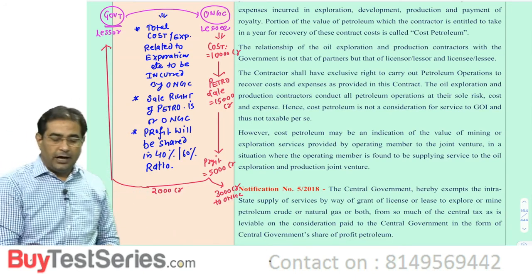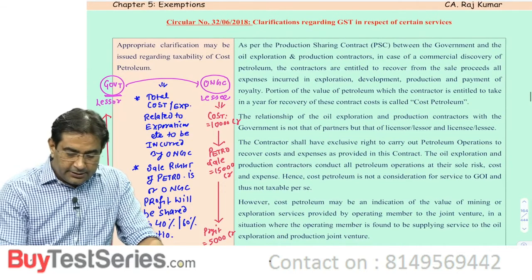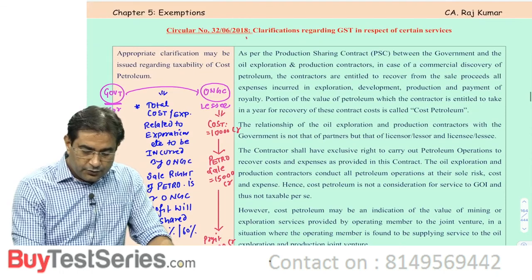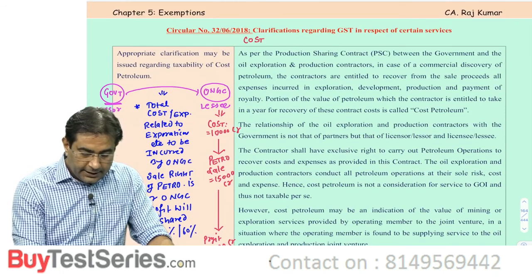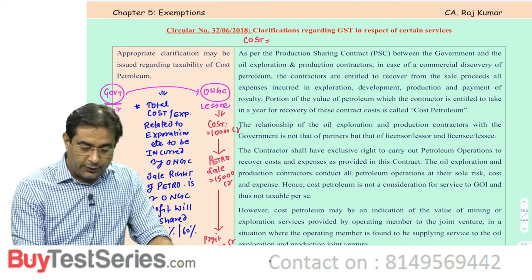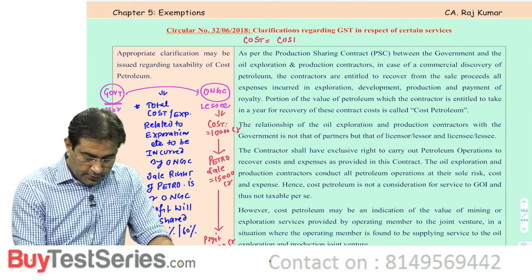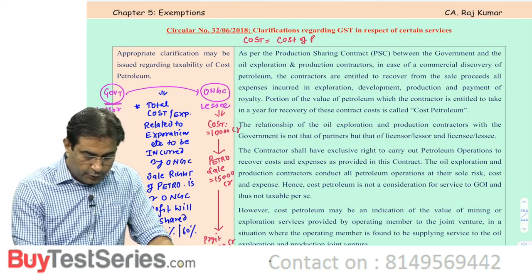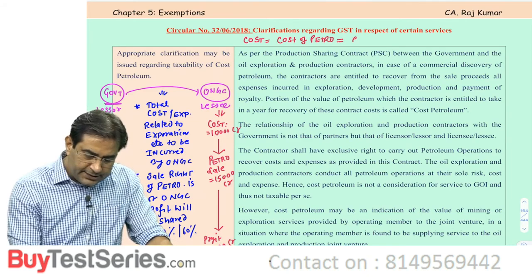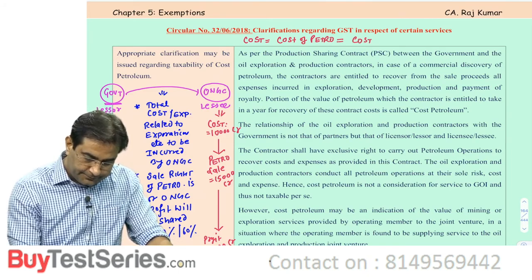First of all, I would like to tell you, here we have used the word cost. Technically, it is called cost of petroleum, the cost of petroleum to extract, develop, etc., or simply cost petroleum.